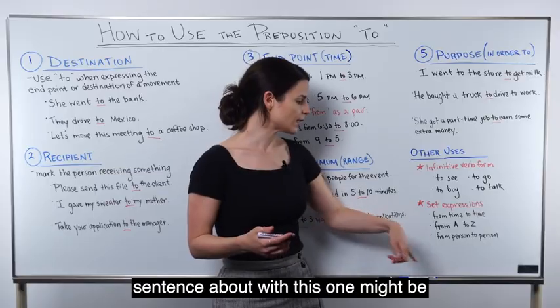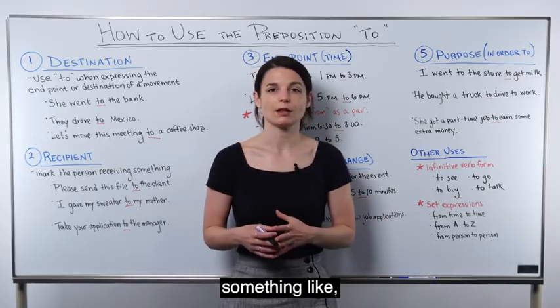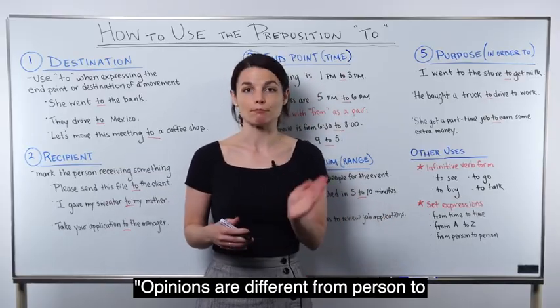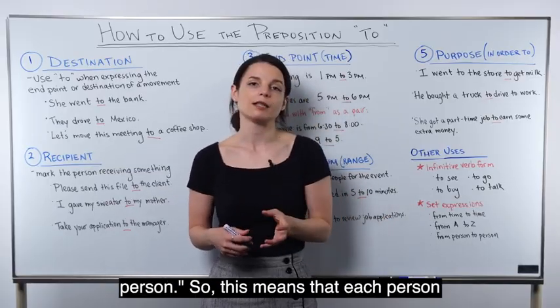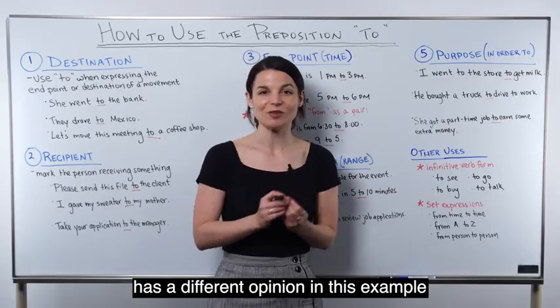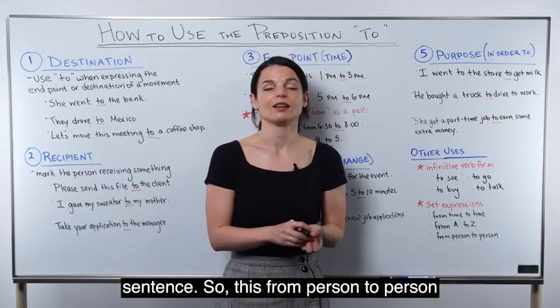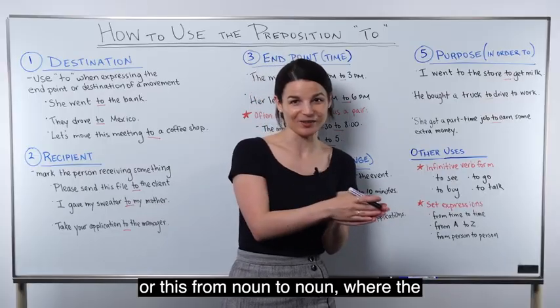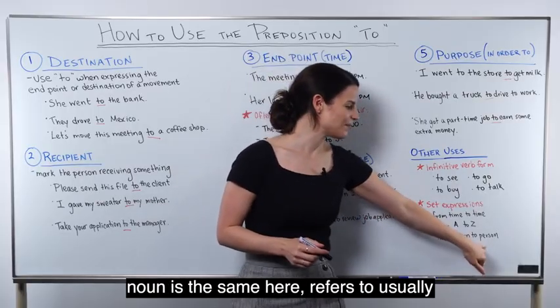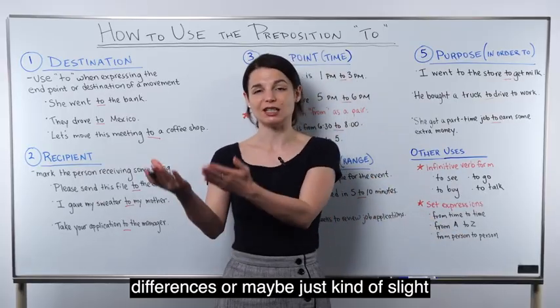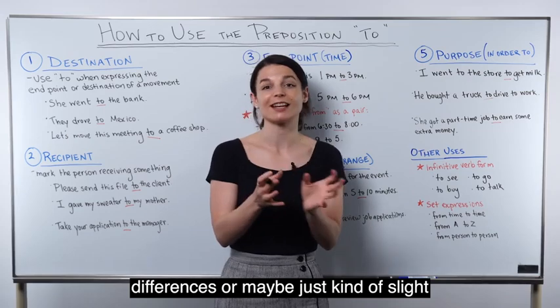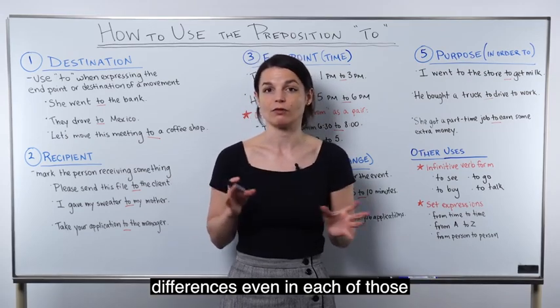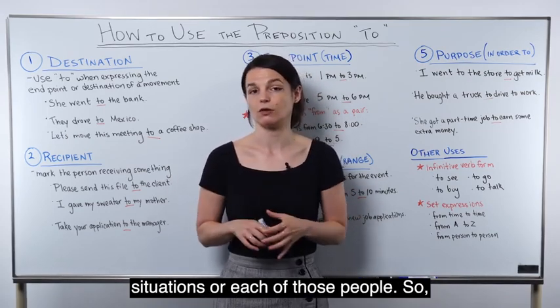So an example sentence with this one might be something like, opinions are different from person to person. So this means that each person has a different opinion in this example sentence. So this from person to person, or this from noun to noun, where the noun is the same here, refers usually to differences, or maybe just slight differences even in each of those situations or each of those people.